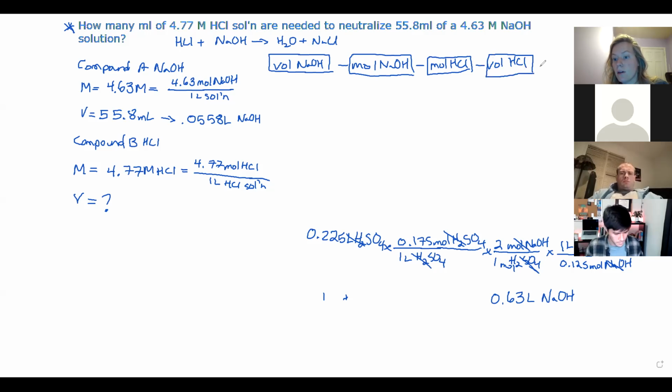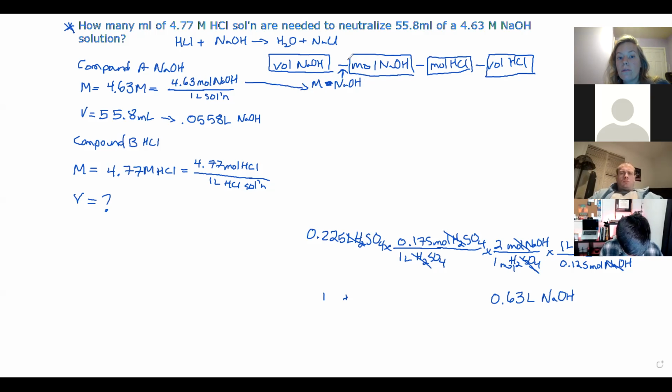Follows the same pattern as the problem before it, just slightly different numbers and a different balanced equation. So in order to go from volume of NaOH into moles of NaOH, I have to use the molarity of NaOH, so this thing here.